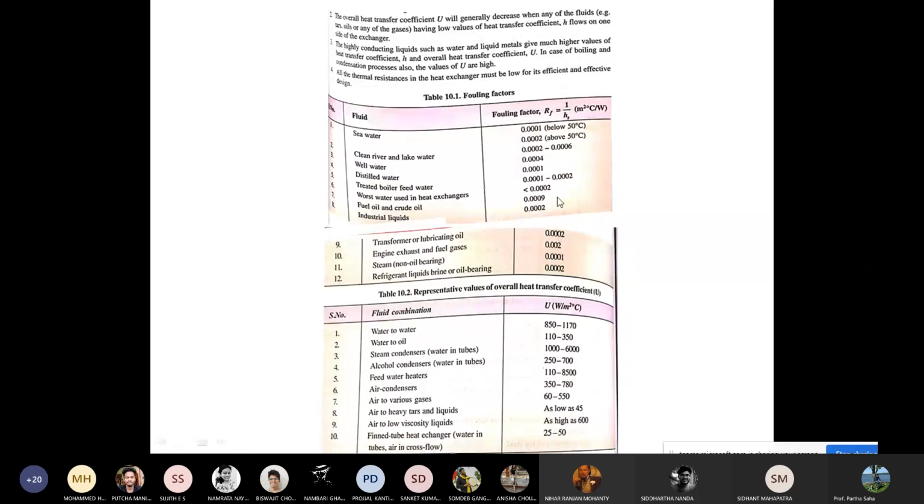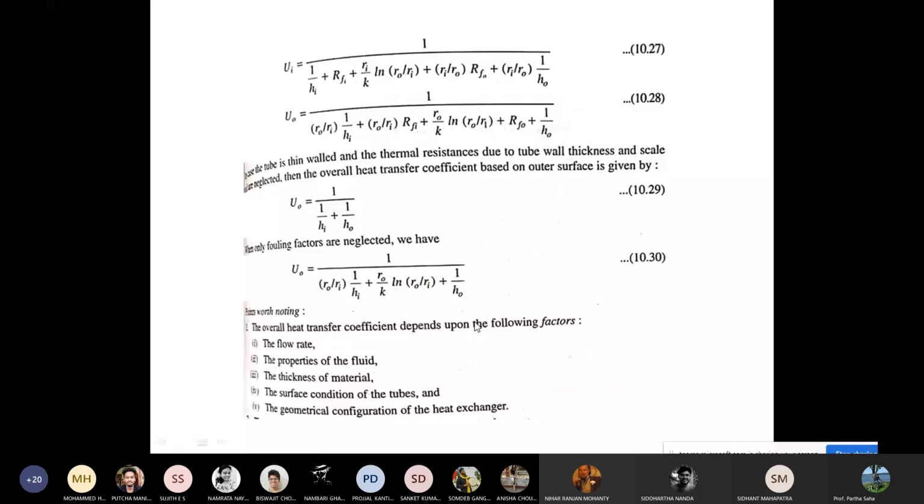You can see the fouling factor table for different fluids. It's a very low number, but it badly affects the overall heat transfer coefficient and the heat exchanger capacity also. And this is the overall heat transfer coefficient for different fluids flowing through different media. So this is a useful table for the determination of fouling factor.